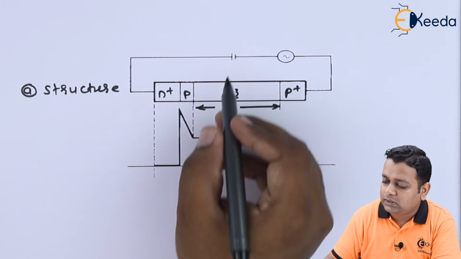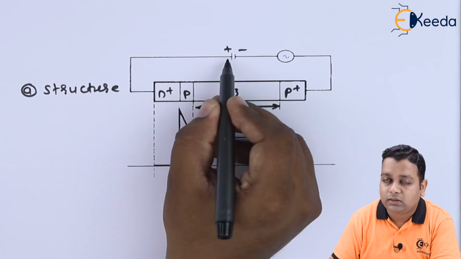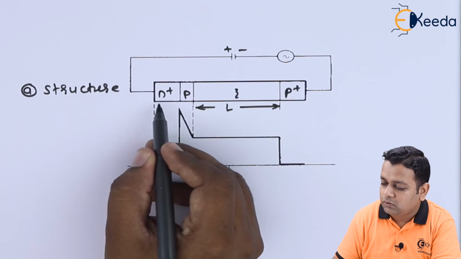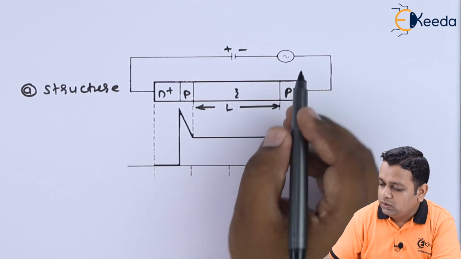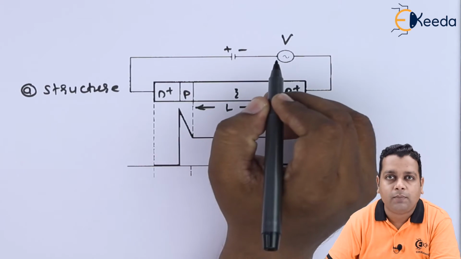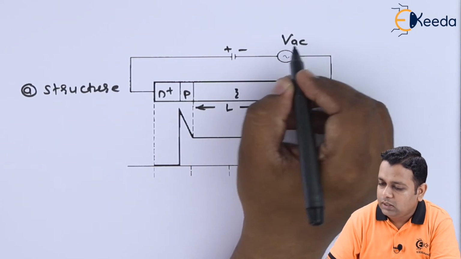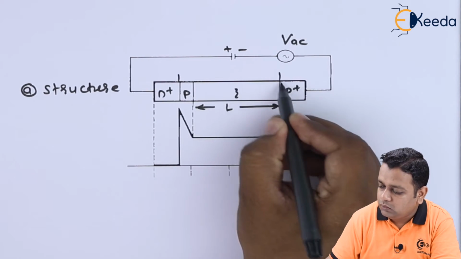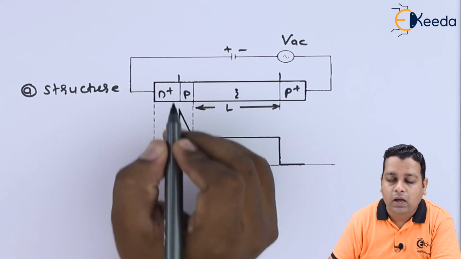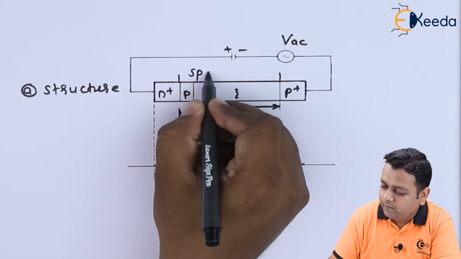The reverse bias is applied with the positive terminal to the N plus and the negative terminal to the P plus. So here we represent capital V, which is AC type, and from this junction to this junction we have a space charge region.